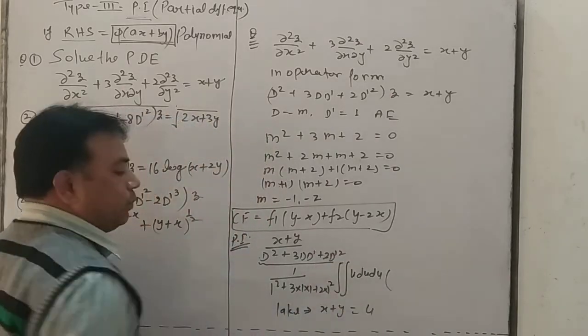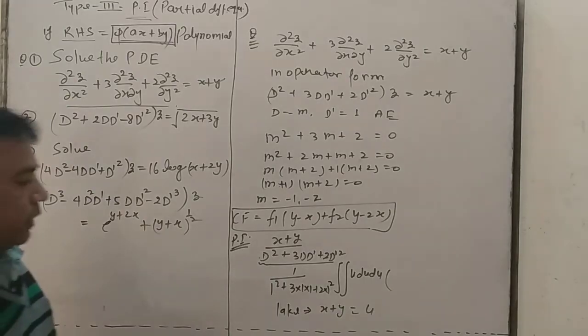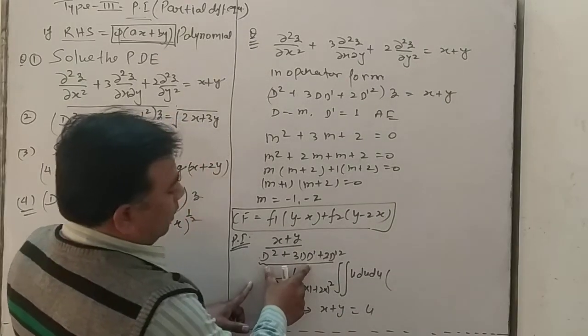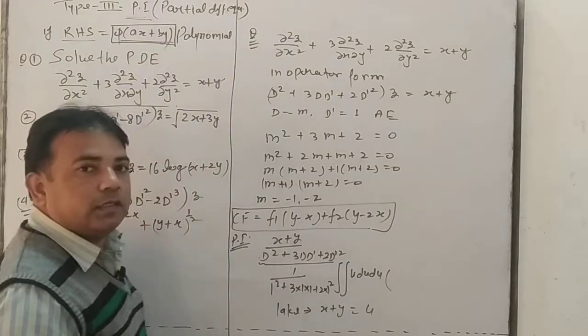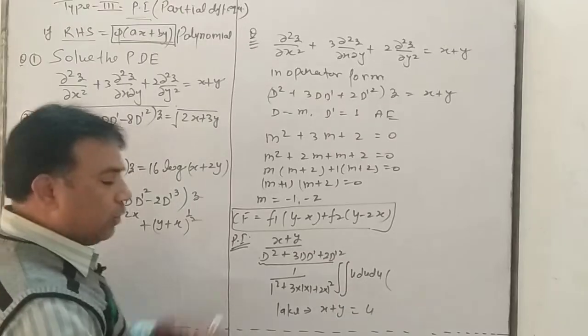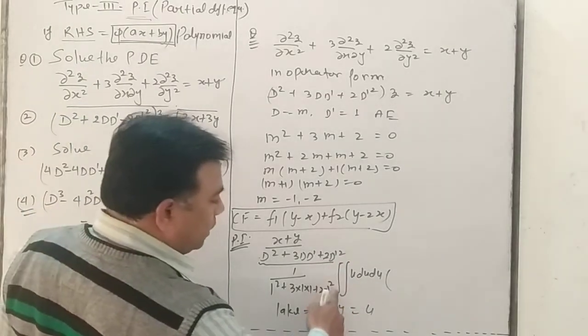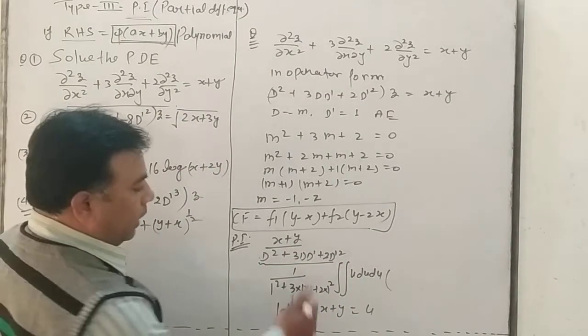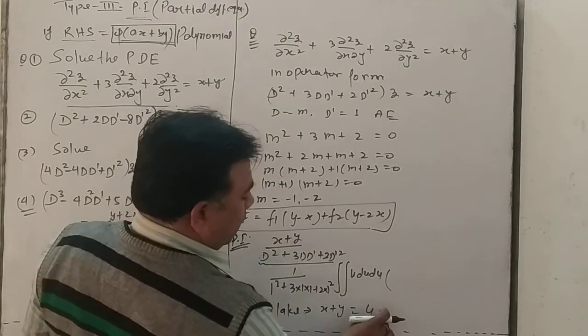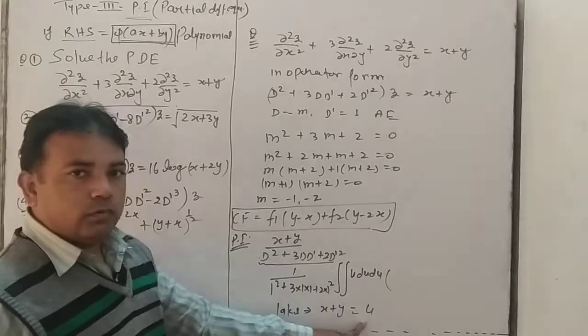If it is a second order equation you take double integration, and for a third order equation you take triple integration. The polynomial is let as another variable u.